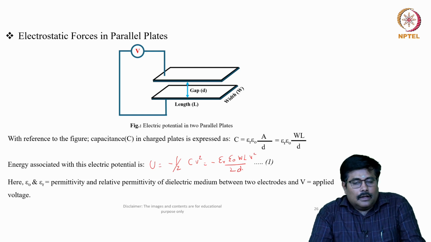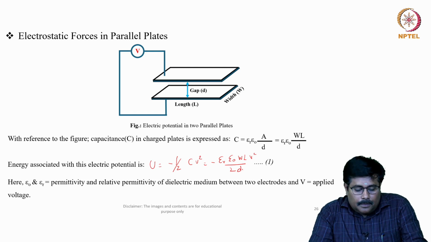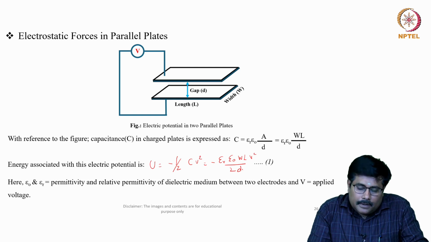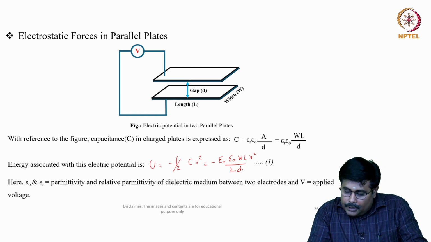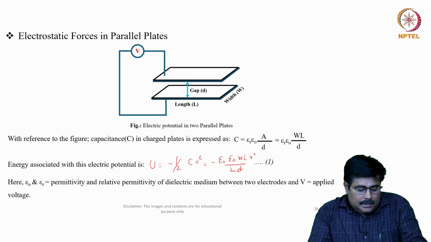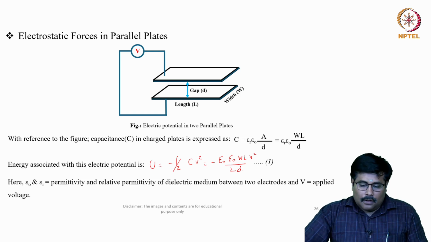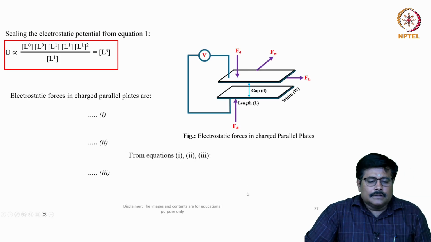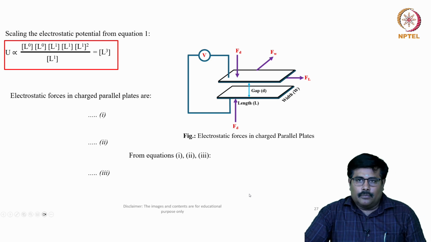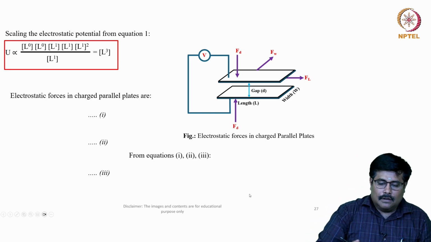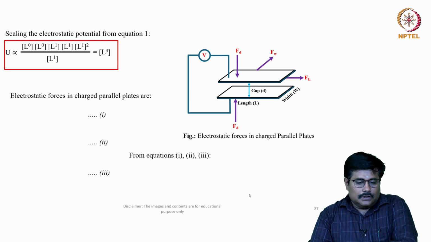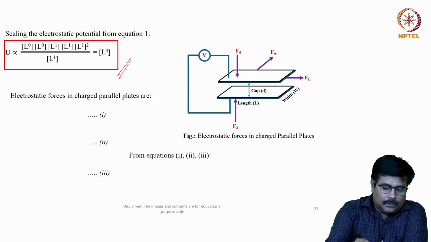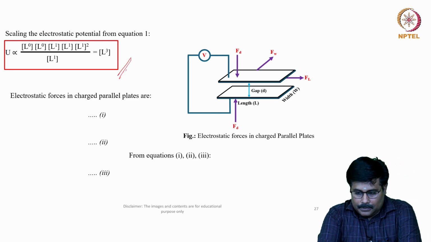Here epsilon naught and epsilon R correspond to the permittivity and relative permittivity of the dielectric medium between the two electrodes, and V is the applied voltage across the system. Now, the scaling of this electrostatic potential is governed by equation 1.